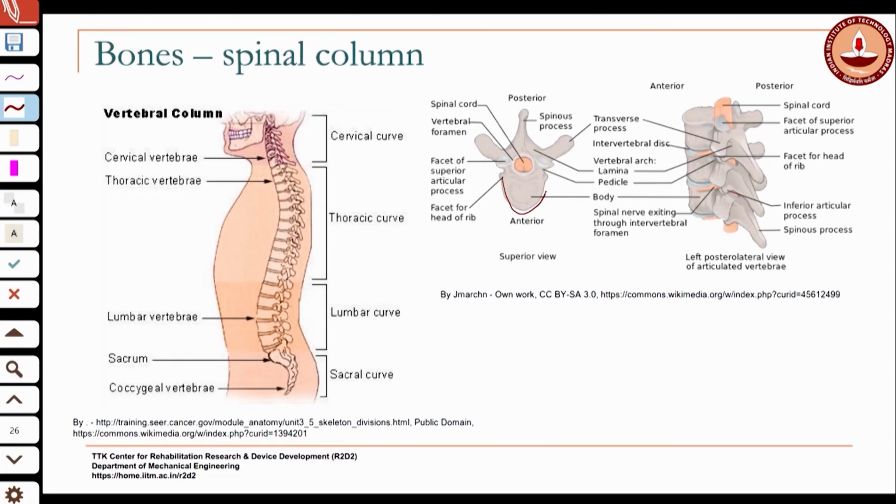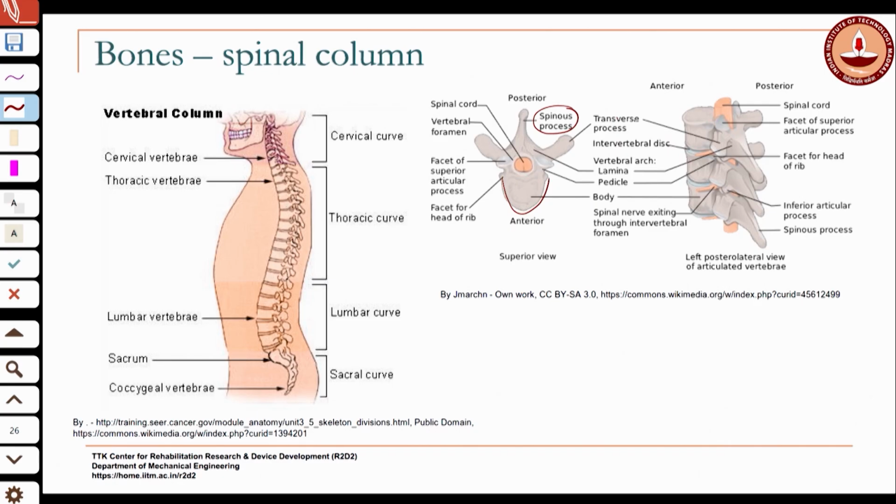If you look at the vertebra, the anterior portion is called the body of the vertebra, and then you have what are known as the processes, the projections. They are called the processes of the vertebra.